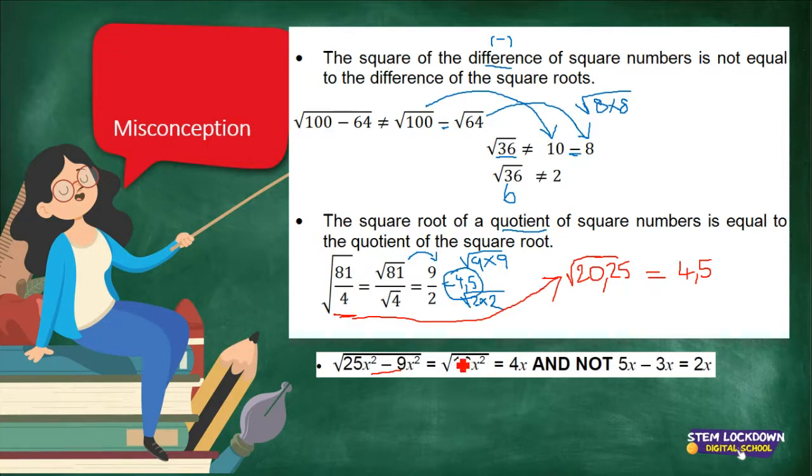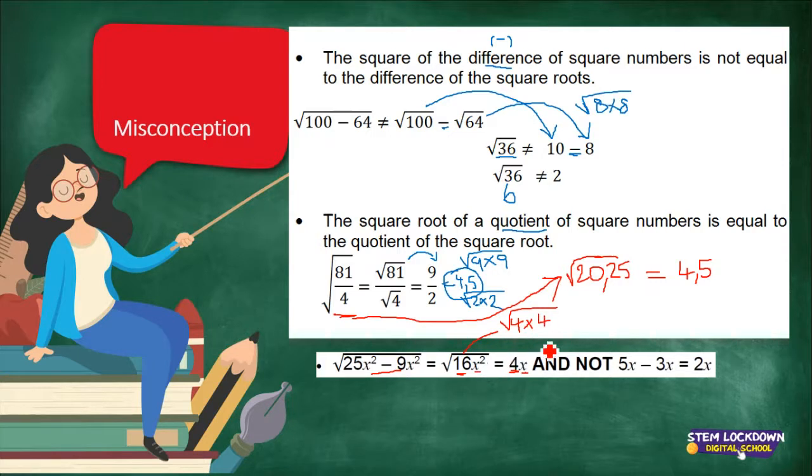And the square root of 16 is 4. The square root of x squared is x. Remember here, to get 16, you can say 4 times 4.